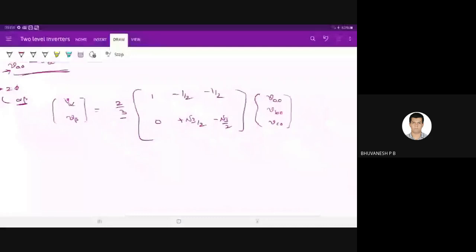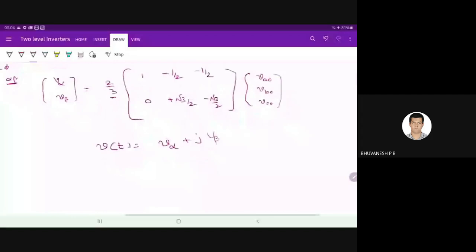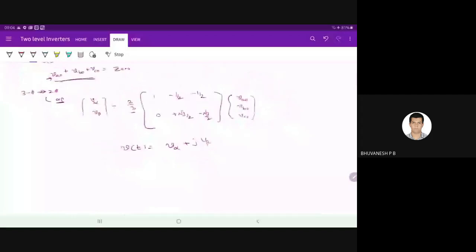So this is the alpha-beta transformation, and we have the resultant vector, V of t, which is the resultant of these two, and we can write it as V alpha plus j into V beta. Is it clear?